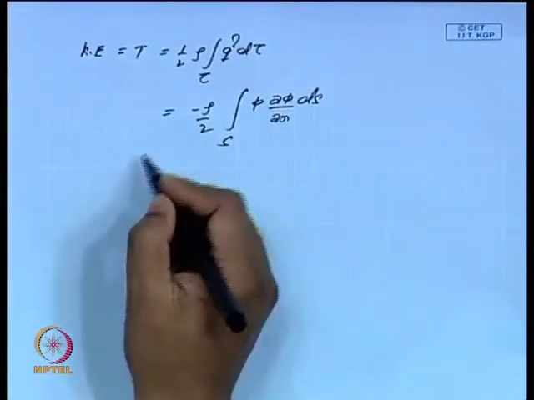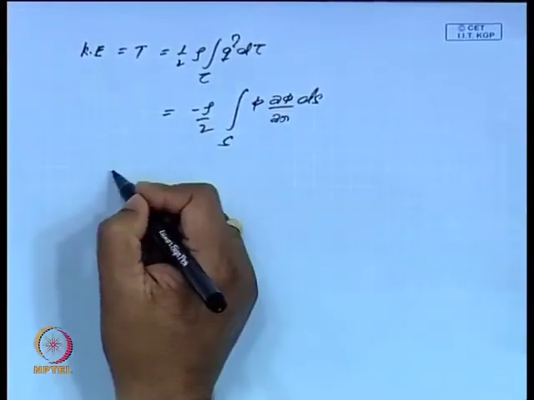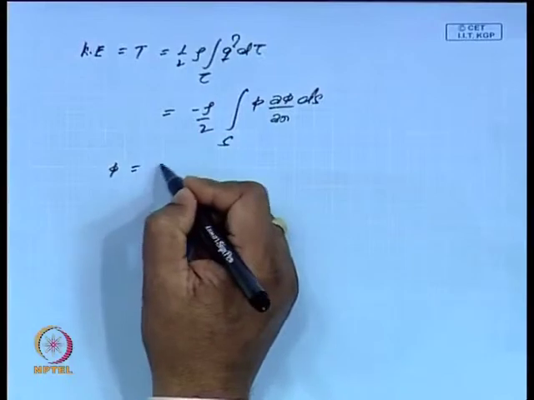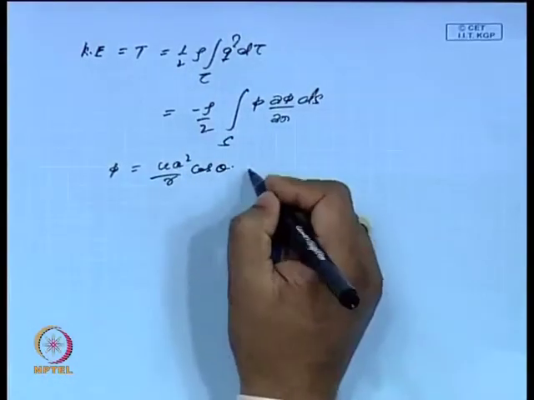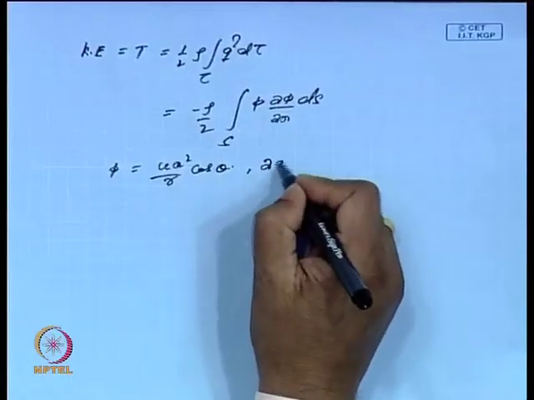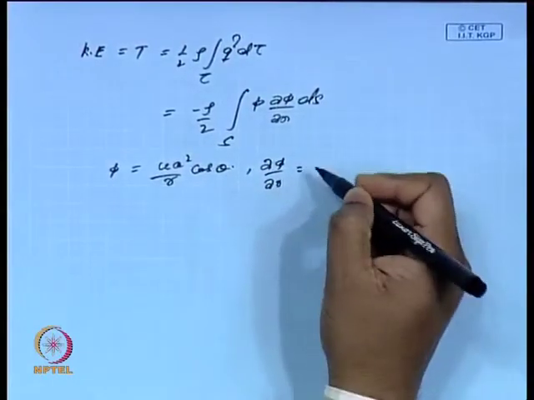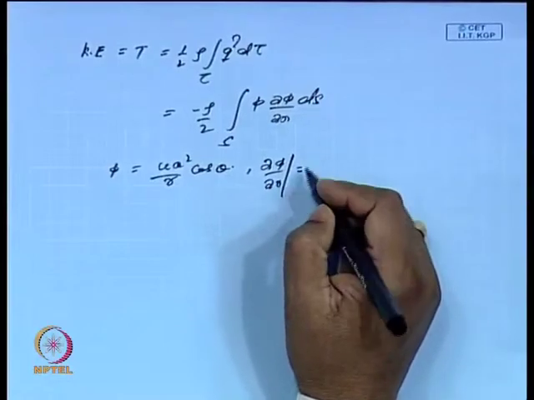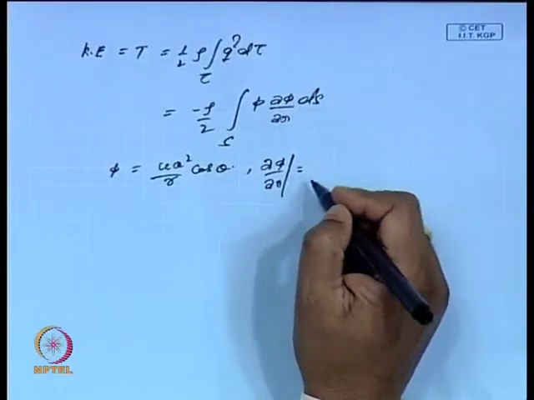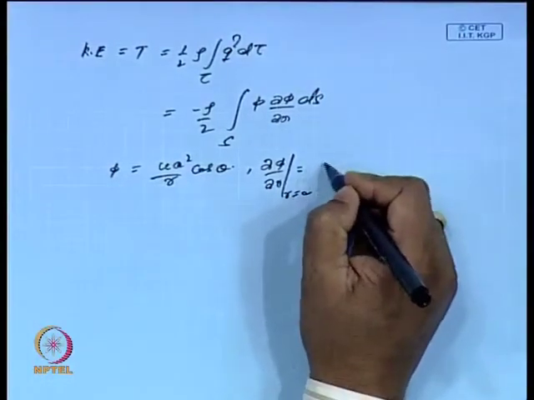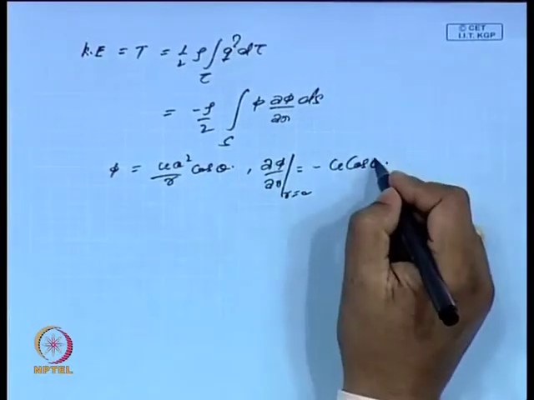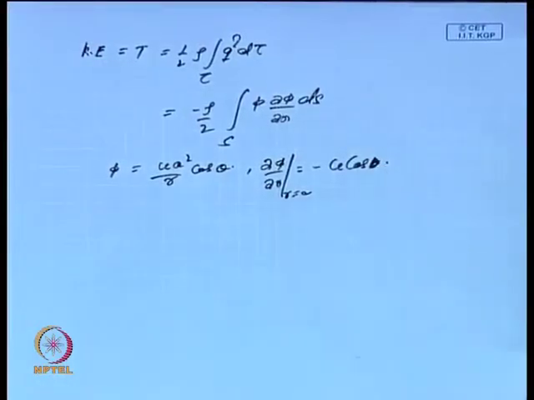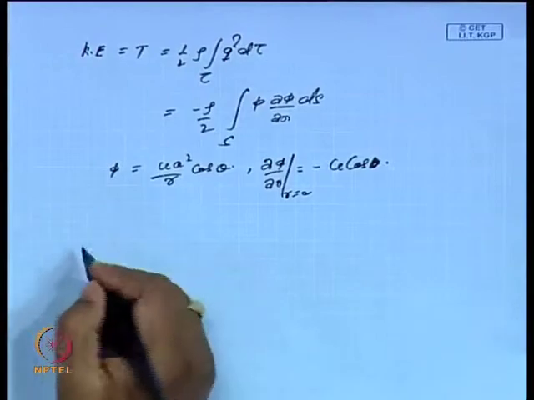Now, in case of the cylinder, we know φ is equal to u a² by r cos θ, and also we know what ∂φ/∂r is. ∂φ/∂r at r equal to a is minus u cos θ.